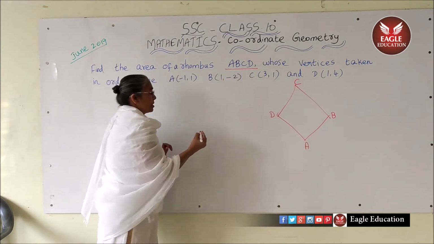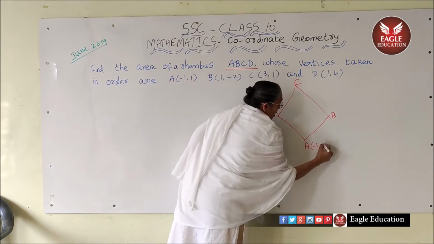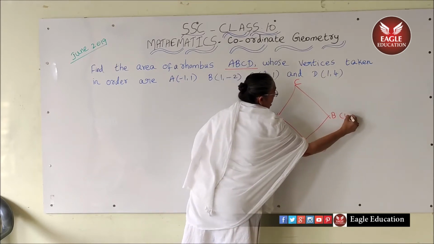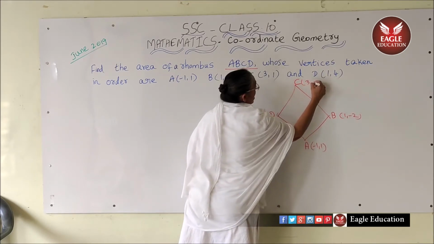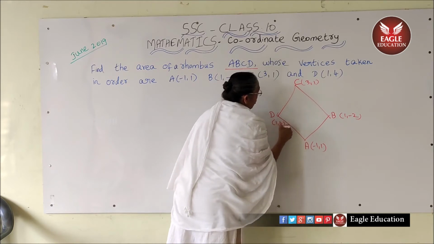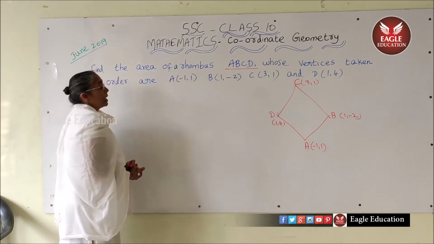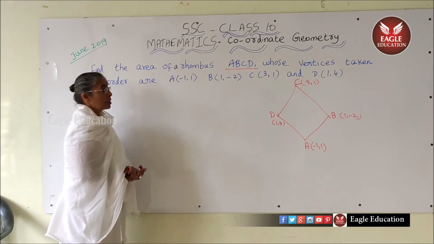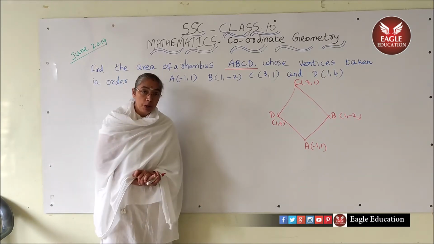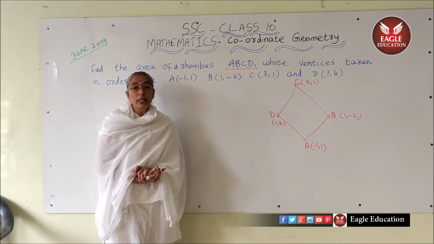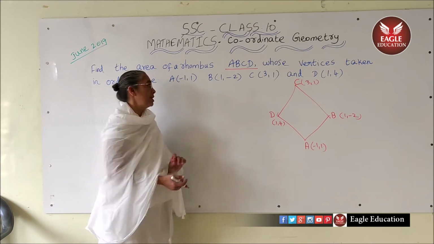A vertex is given as -1, 1 and B vertex 1, -2, C vertex 3, 1, D is 1, 4. So we have to find the area of this rhombus. You know the area of a rhombus formula, it's nothing but half into product of its diagonals.